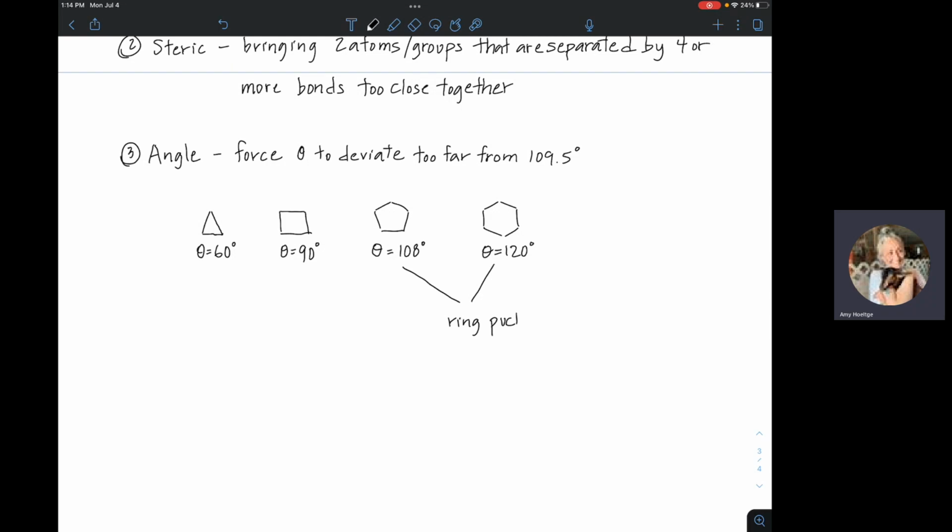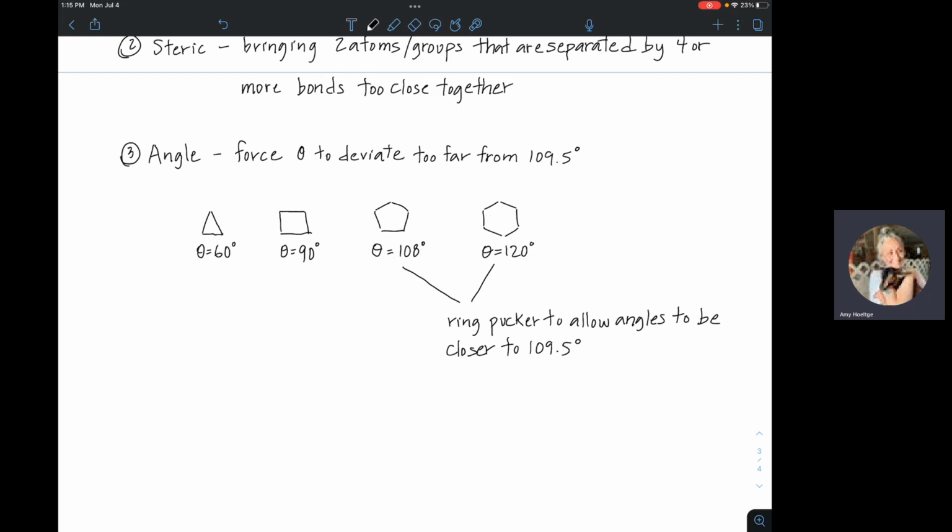The ring will pucker to allow the angles to be closer to 109.5 degrees. So you will notice that in nature, cyclic compounds have a tendency to be found in the 5 and 6-membered ring category. 3 and 4-membered rings are difficult to make, and they're really easy to break open, right?